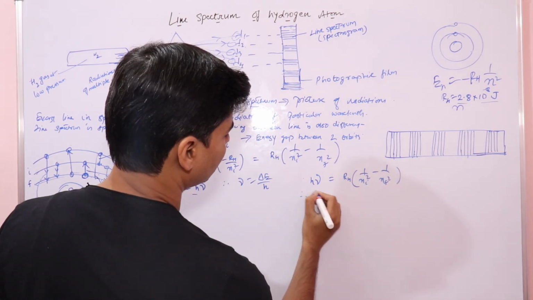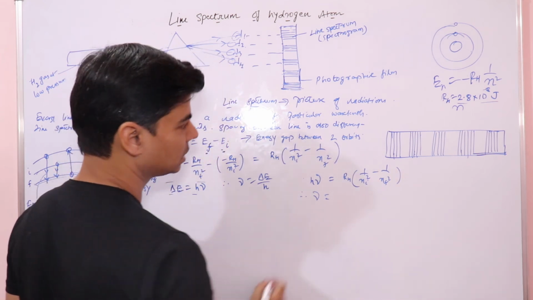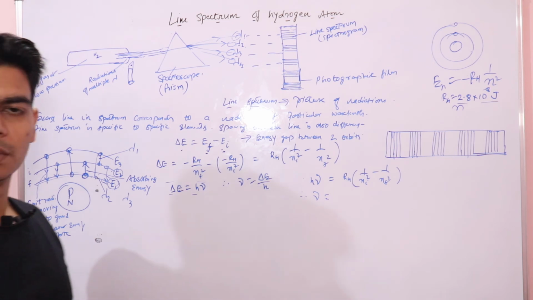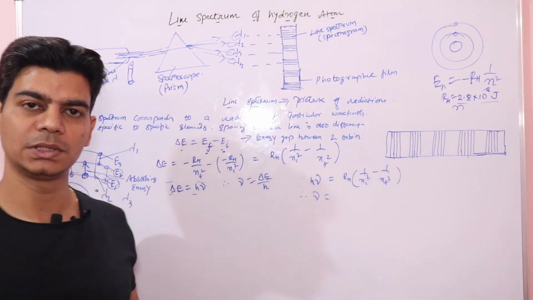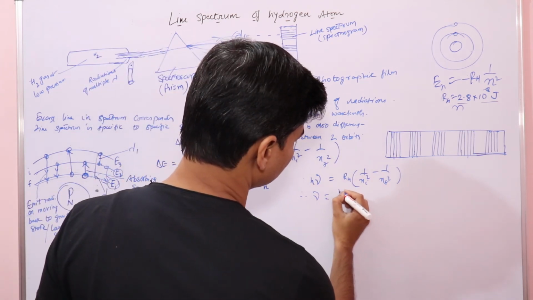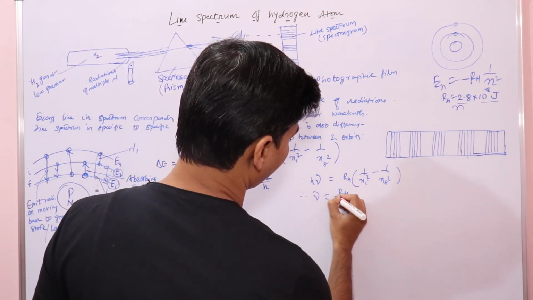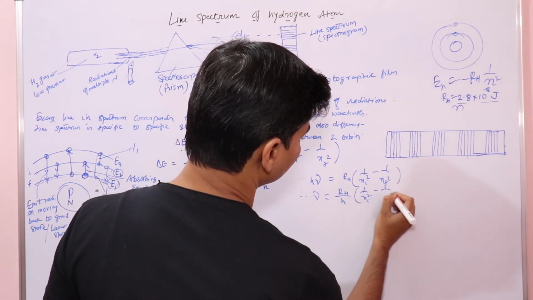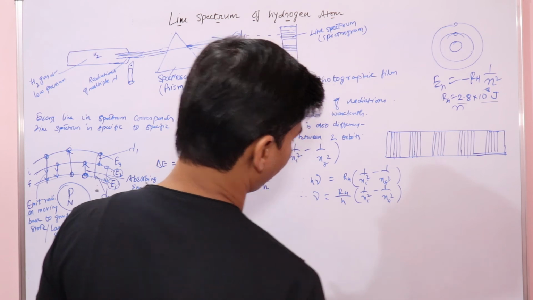Therefore the frequency of emitted radiation, because every line consists of a wavelength or frequency of specific radiation, is R_H upon h times 1 upon n_i square minus 1 upon n_f square, right?